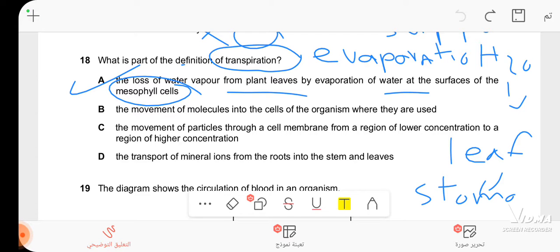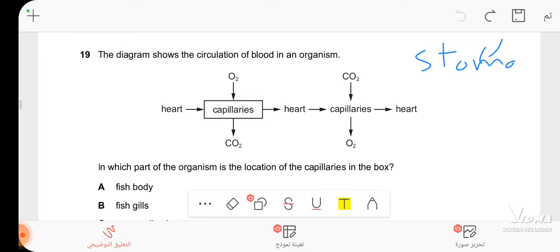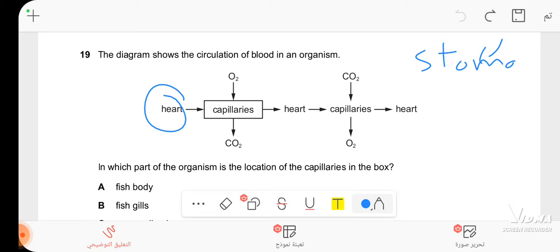Because it is like our definition. The diagram shows the circulation of blood in an organism. So this is the heart. Blood circulation at capillaries which take oxygen and get rid of carbon dioxide, of course, occurs at lungs.